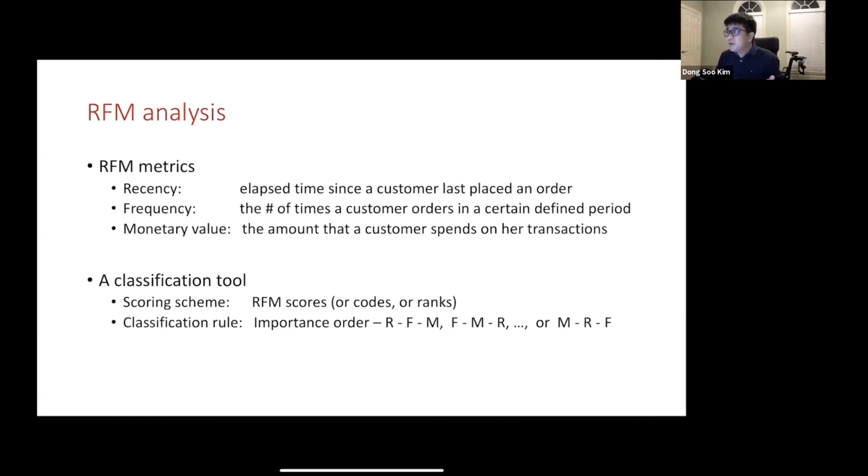For example, we can sort the customers by recency first, frequency next, and monetary value last, or frequency first, monetary value next, recency last, or monetary value first, recency next, and frequency last. The order depends on how critical to predict profitability each score is.